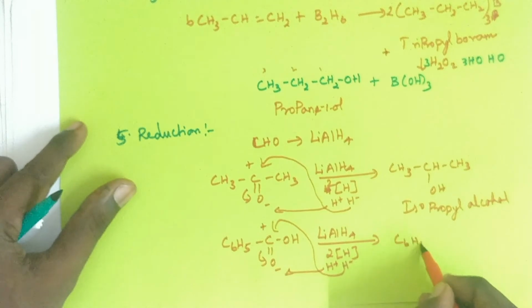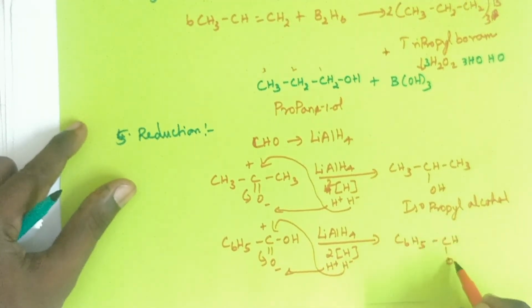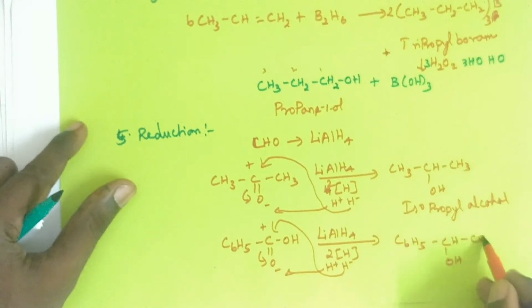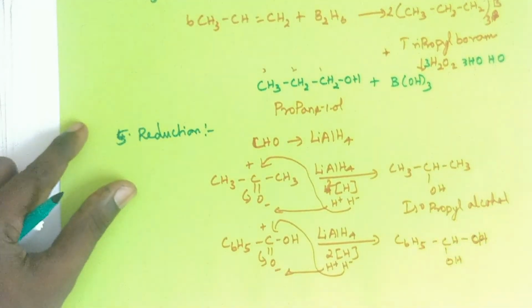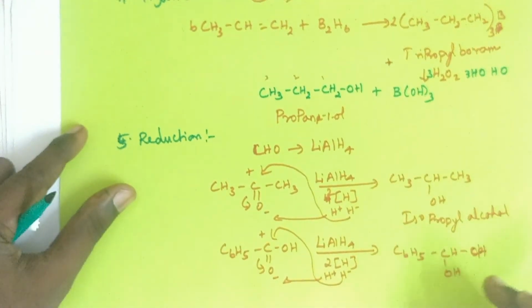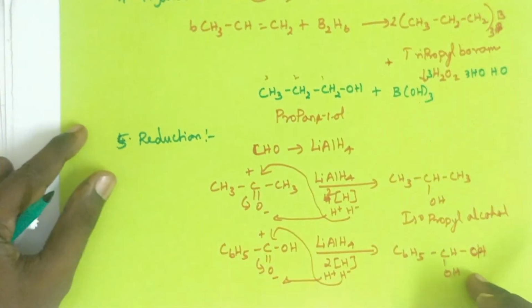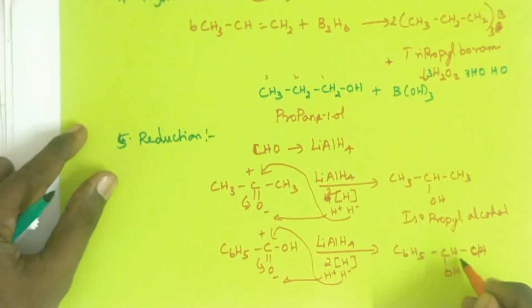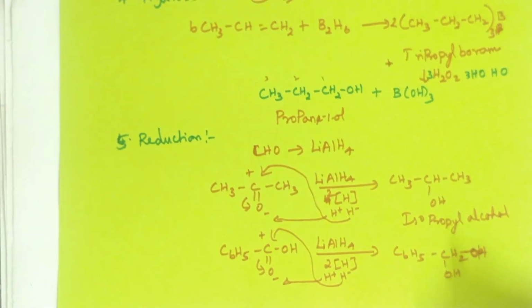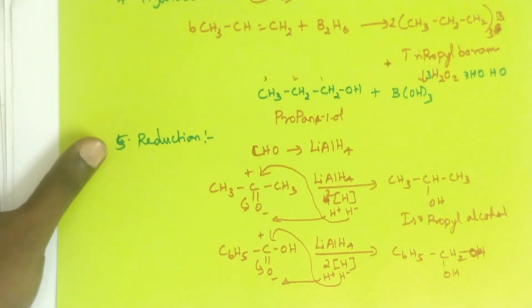So the compound formed is C6H5 CH2OH. So this is the product formed in the case of benzoic acid.